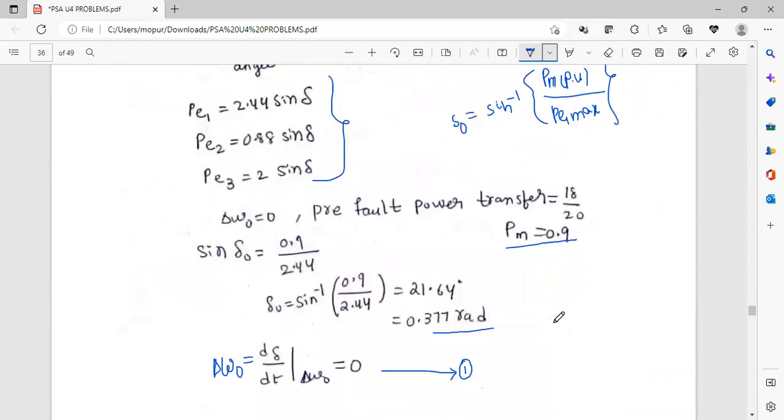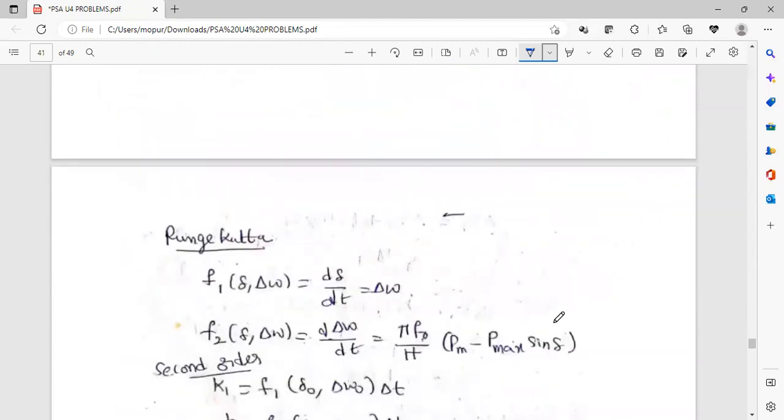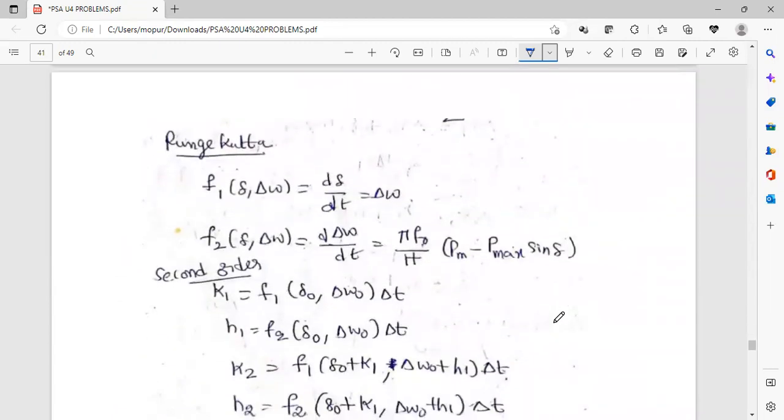Now, the next method is the Runge-Kutta method. Runge-Kutta method is also the same thing. Here we are taking two functions. The first function is d del by dt, which is equal to del omega, the same formula.